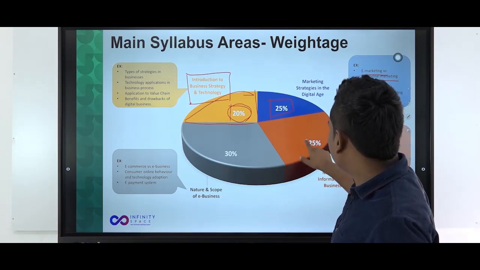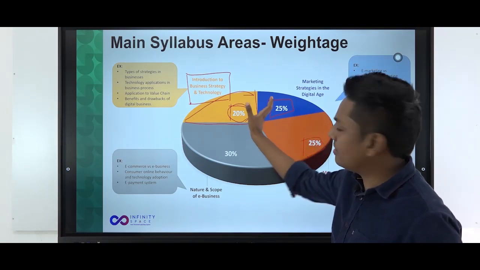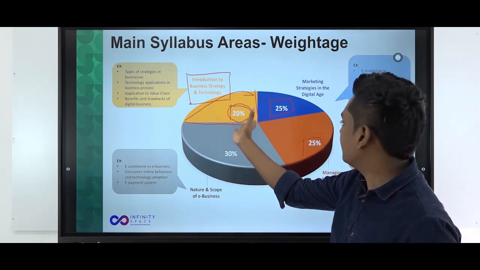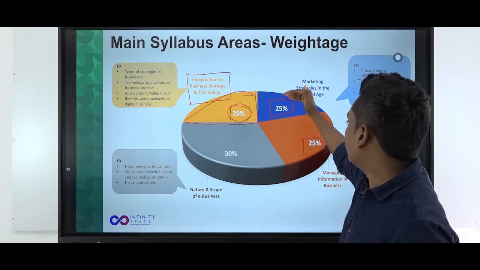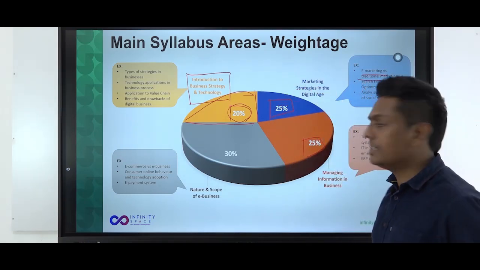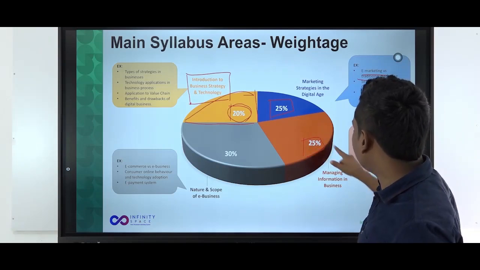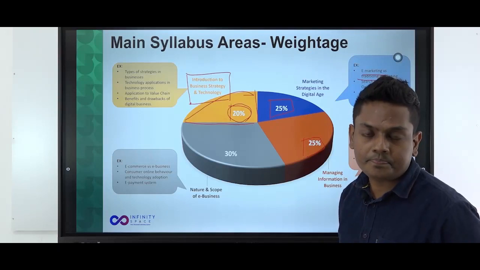And there is another 25%. We discussed the introduction is given only 20%, which is the lesser percentage compared to the other, and here the 25% again to marketing strategies in the digital age, and then again another 25% comes managing information in business.